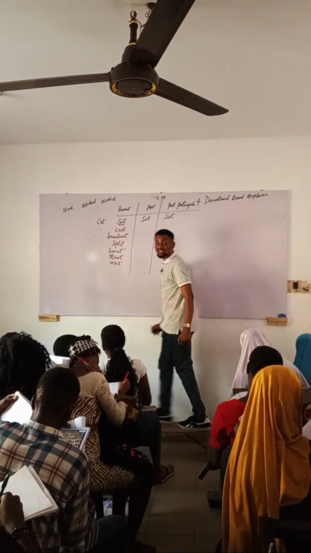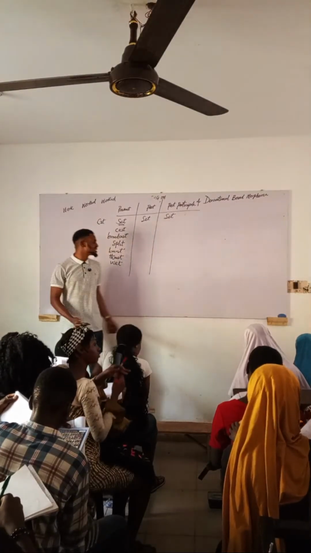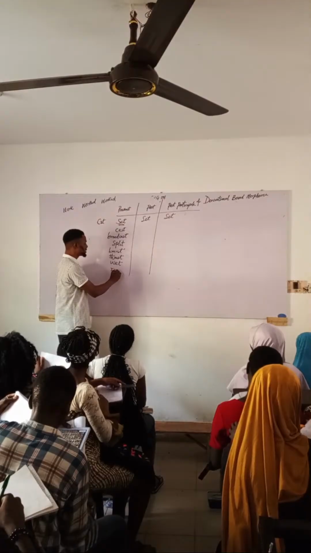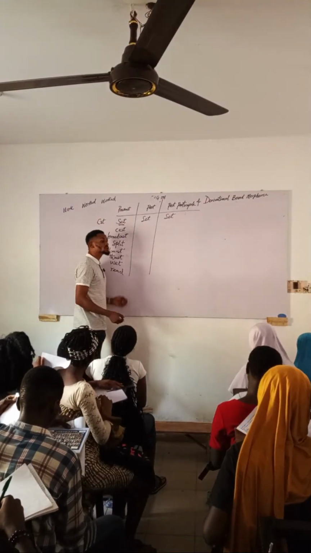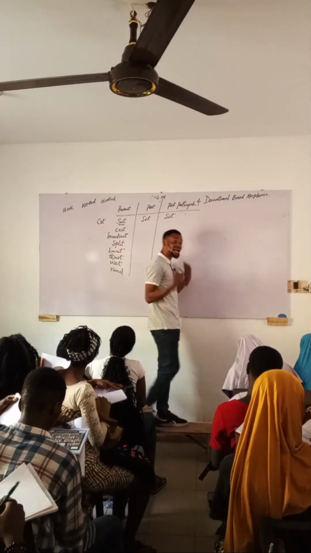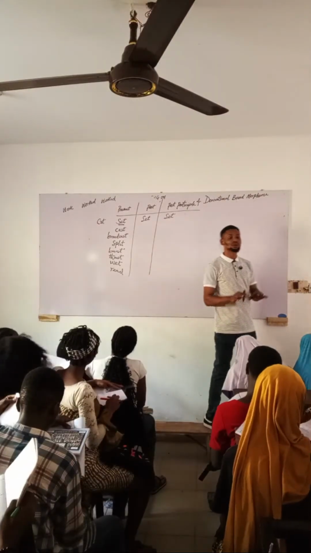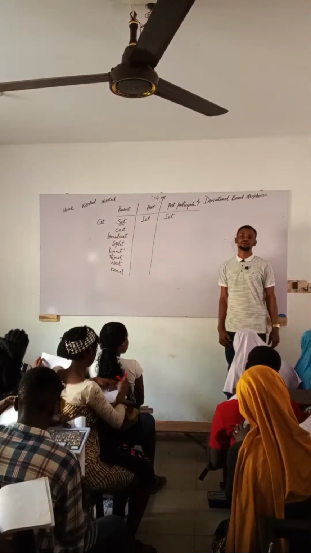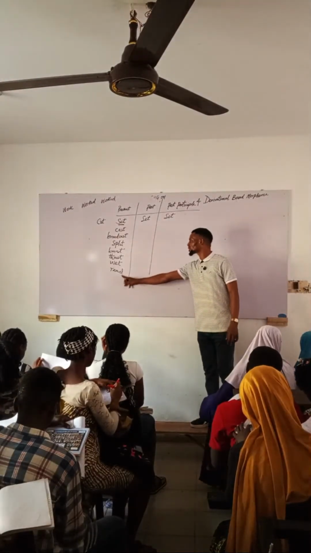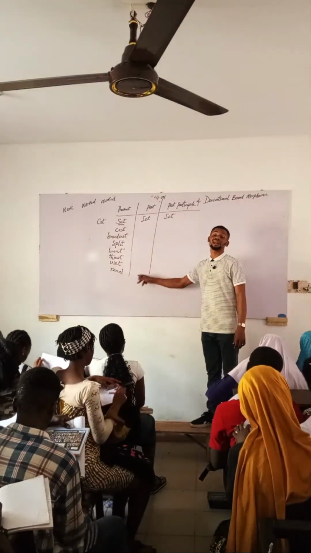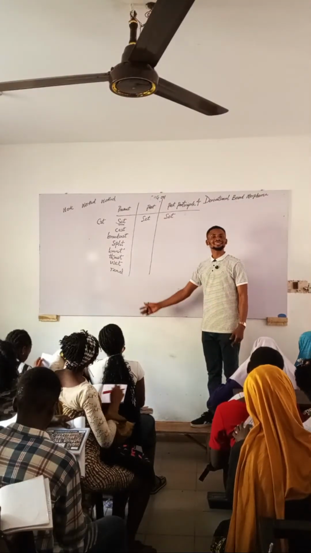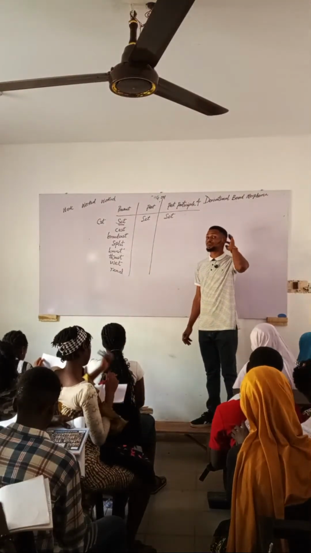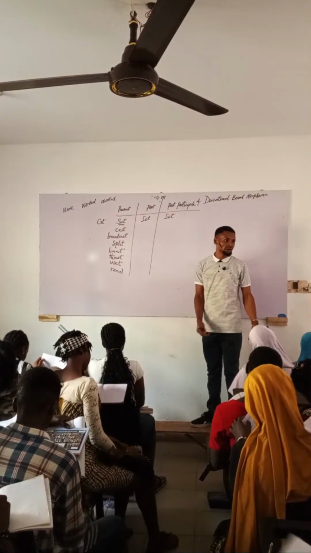All right, for the case of read, it is still the same thing. It is read, read, read. So the only thing that changes there is the sound, but the letters remain. So we also put it under this category. So that is indicating the past and past participle of the verb read.